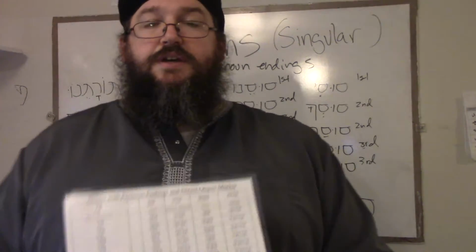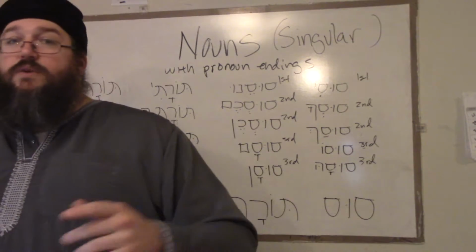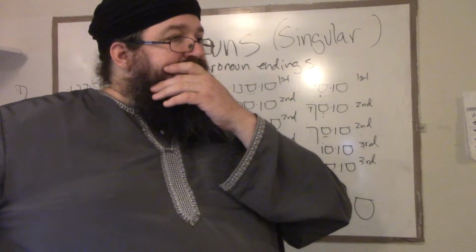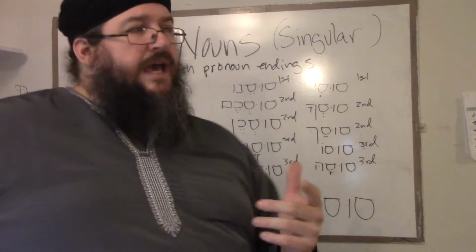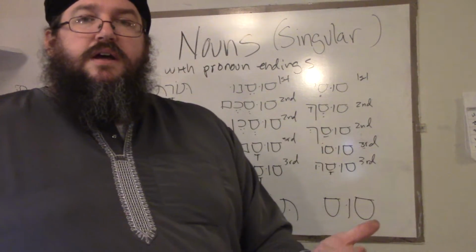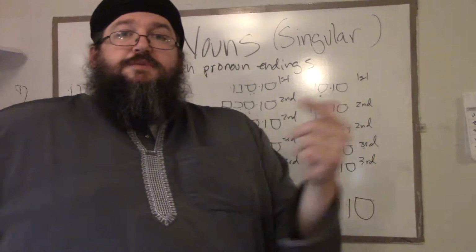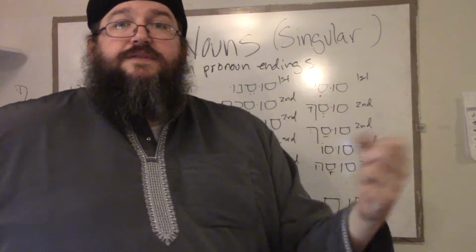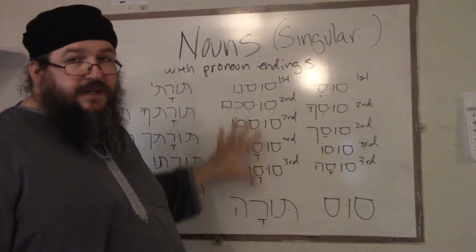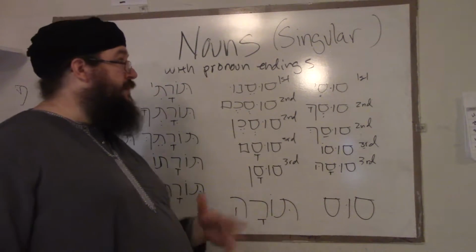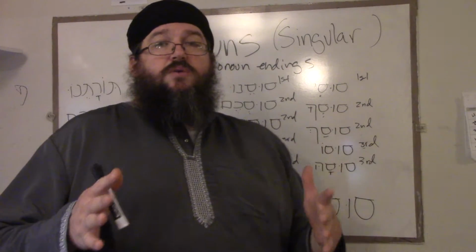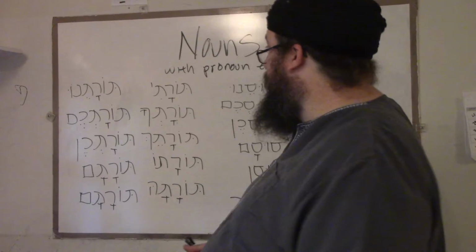It's a great chart because if you're trying to read Biblical Hebrew and you come across a word and say, I think this is a noun, and you look at the chart and say, wait a second, it has the same ending, this must be a noun and this must be the possessive ending. Because that's what we're focusing on: the fact that something is possessive, for example, my. And so now we're going to be looking at the feminine forms.